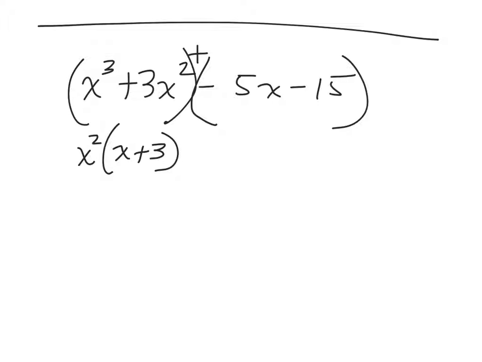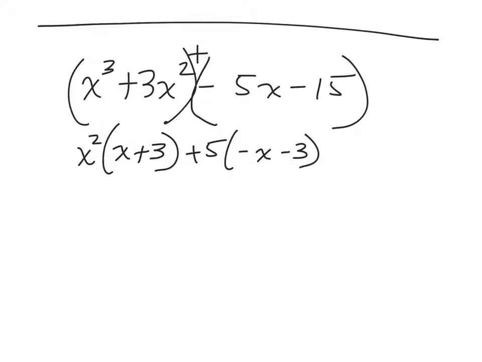A lot of people, when they look at negative 5x minus 15, think the common factor would be 5. But let's look at what would happen if I factored a 5 out. If I factor a 5 out of negative 5x, it's going to leave me negative x. If I factor a 5 out of negative 15, it's going to leave me minus 3. And it's not the same.